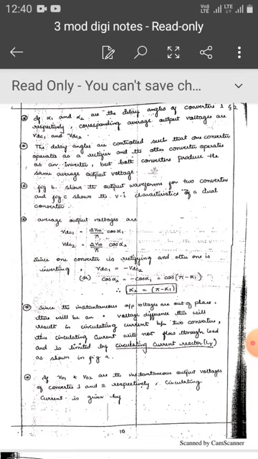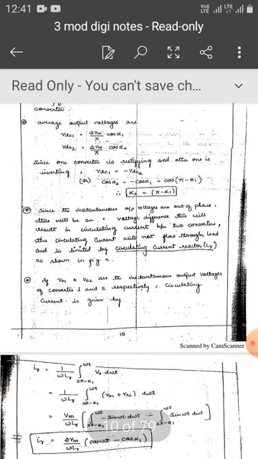That means VO1 average is equal to minus VO2 average. Putting VO1 and VO2 from the equations, we get alpha 1 plus alpha 2 equal to pi. Thus if alpha 1 is less than 90, then alpha 2 is greater than 90 and their sum is 180 degrees, or pi.